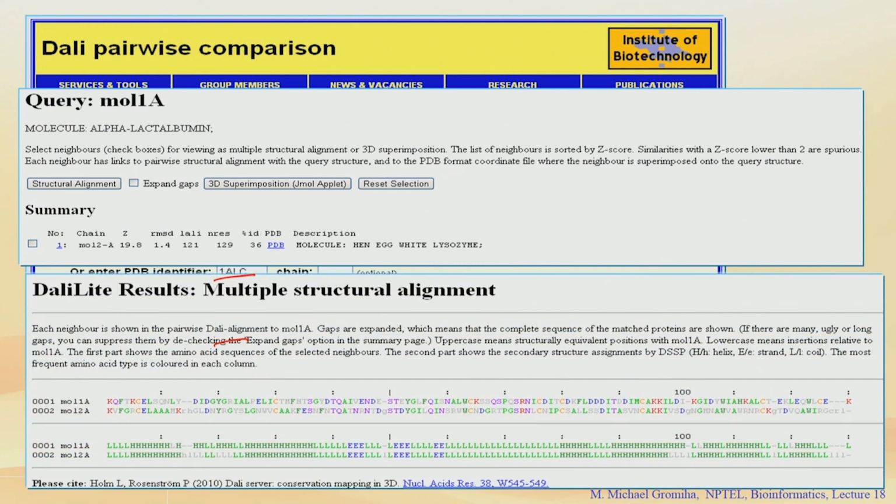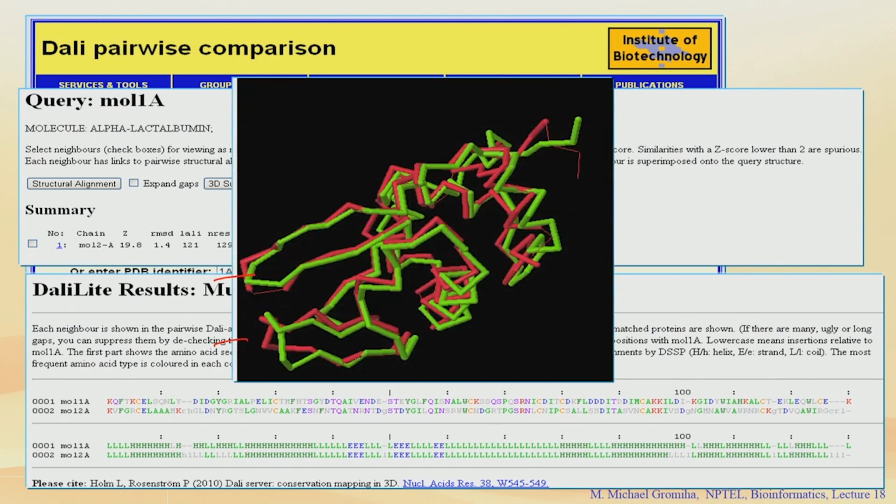In this case they do not align sequence-wise; they get the similar structures and align them together, and using this information they construct the superimposition. If you see the red one and the green one, the red one is aligned very properly, with an RMSD of around 1.4 angstrom between these two protein structures.